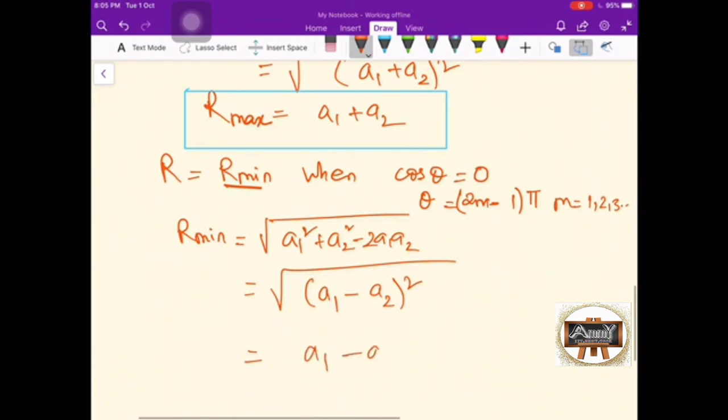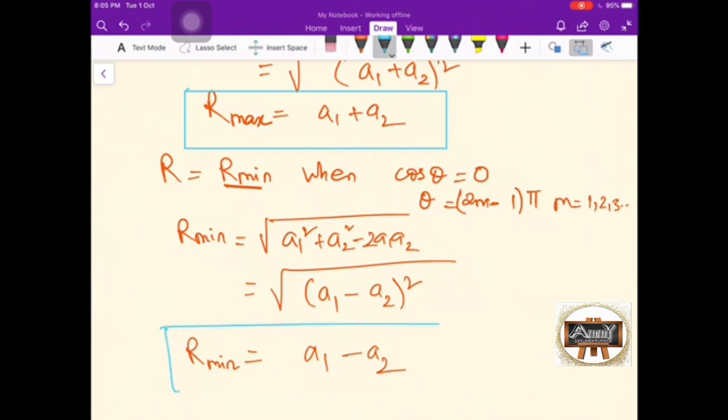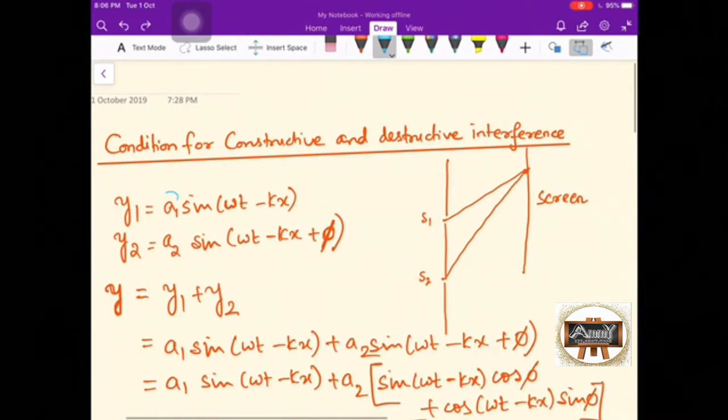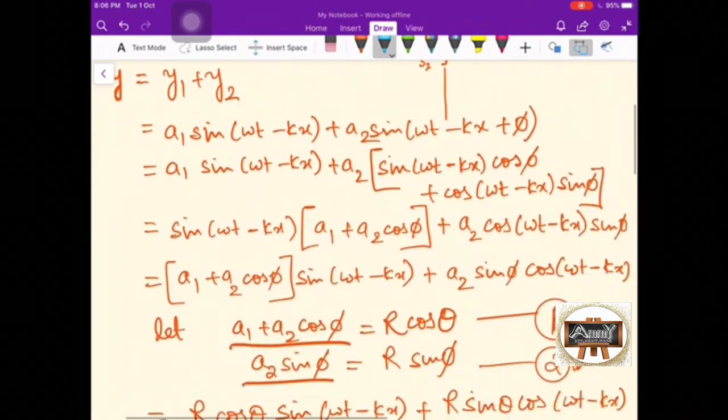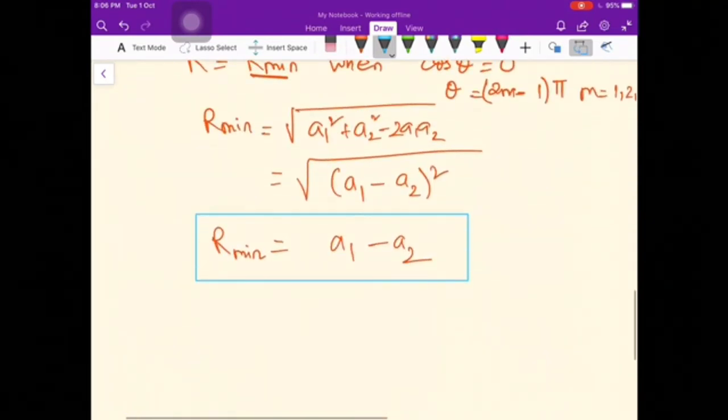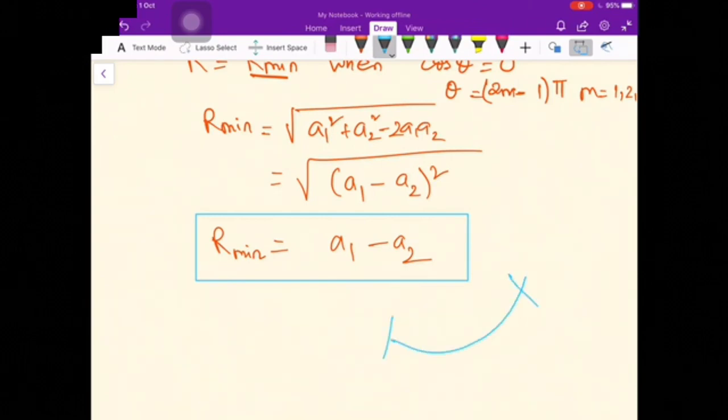So the minimum value of the resultant is the difference of the two amplitudes of the waves which superimpose. Here A1 and A2 are the amplitudes of the two interfering waves. So the resultant which we get is reduced to this simple form. Thank you for watching my video.